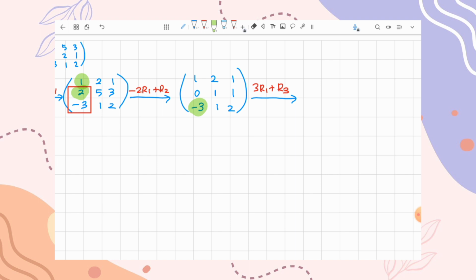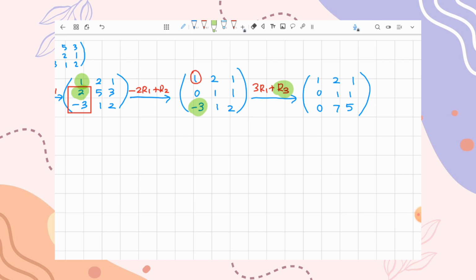Make sure to always put the row that you're going to change on the right hand side, and always make sure to use the leading one above it, which is the first row. So let's calculate. First, we need to rewrite the first and second row. Okay, let's calculate the third row. I will get 0, 7, and 5.